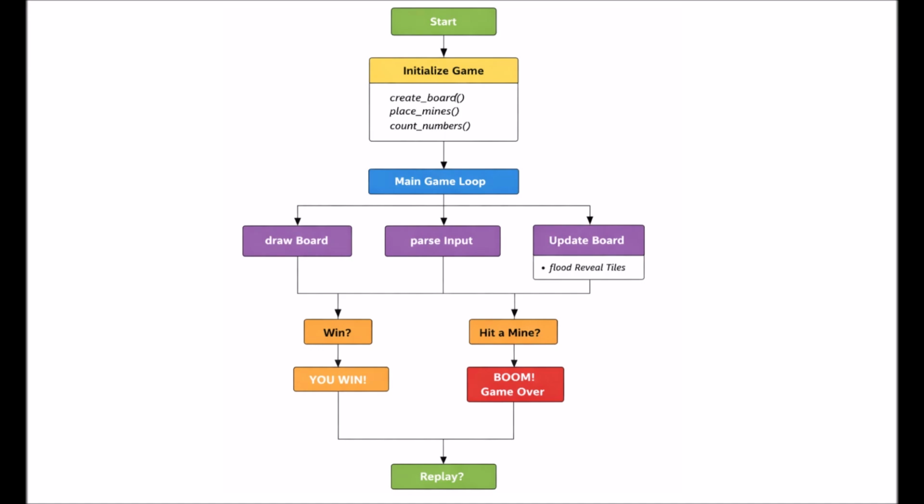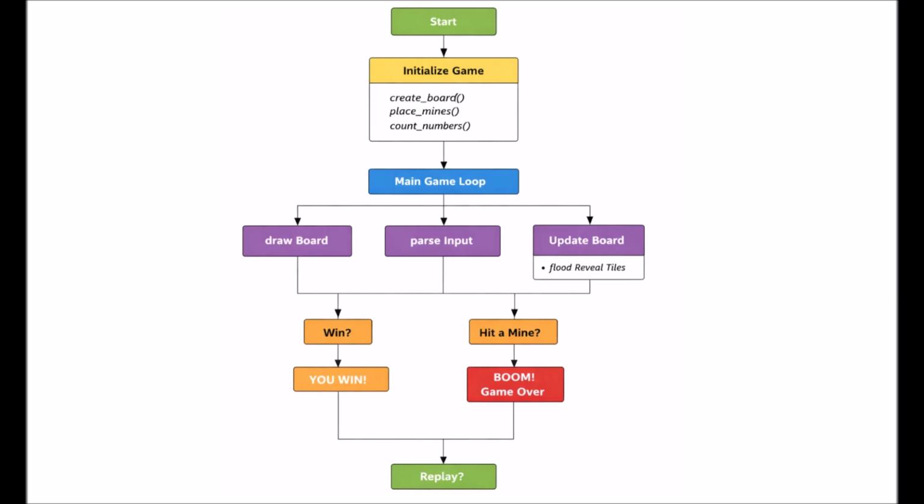Alright, so what you are looking at now is a flow diagram of how this game works, and I will read it from top to bottom. First you start by initializing the game.